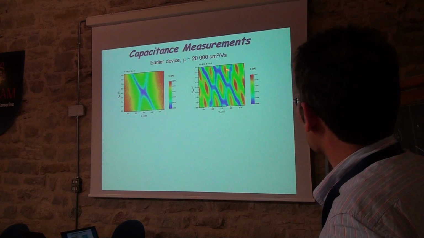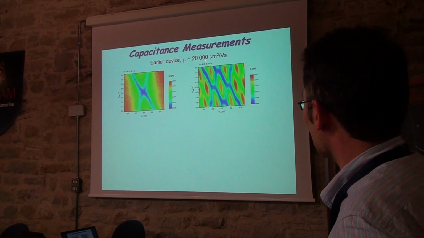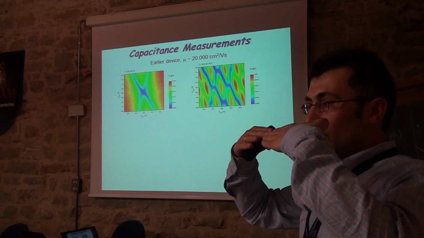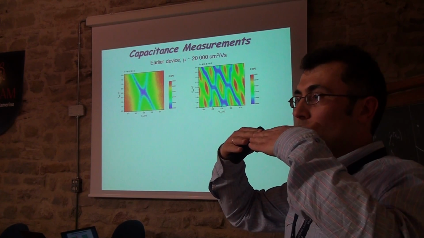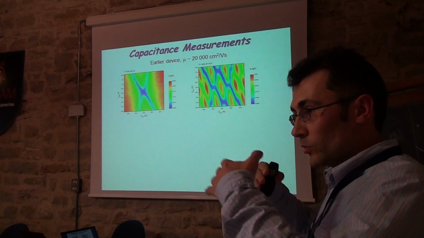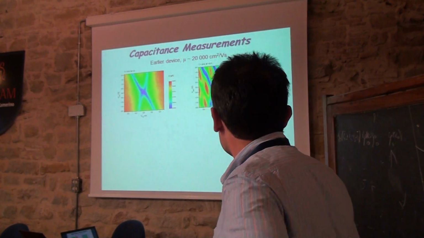If we apply magnetic field, we see this nice diamond structure, which is due to Landau quantization. Everywhere we see the diamond means that we have Landau levels in both layers and the Fermi level. Where capacitance is low, it means that in at least one layer the Fermi level is between Landau levels.